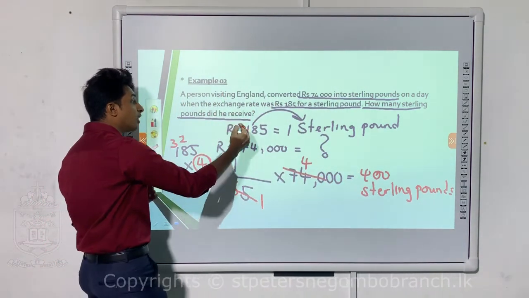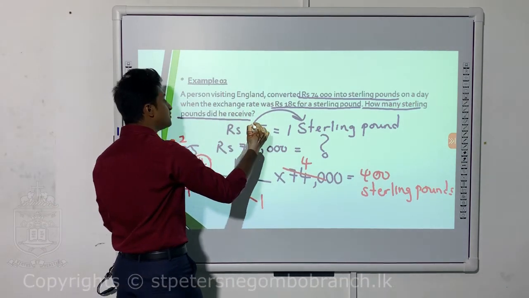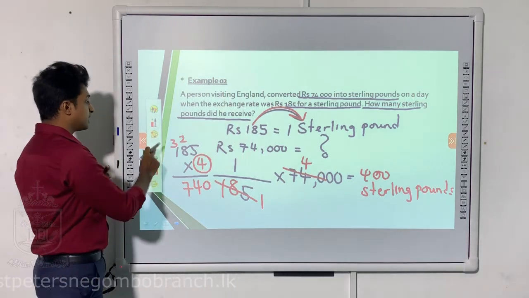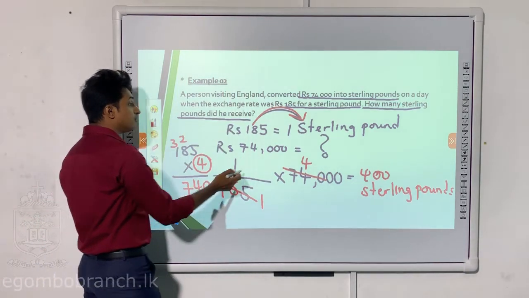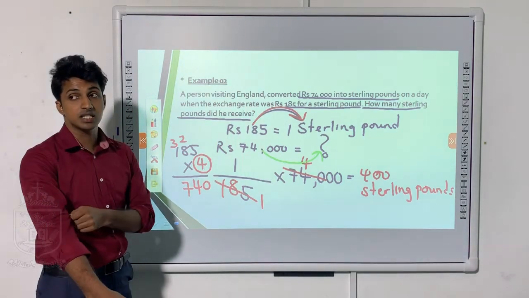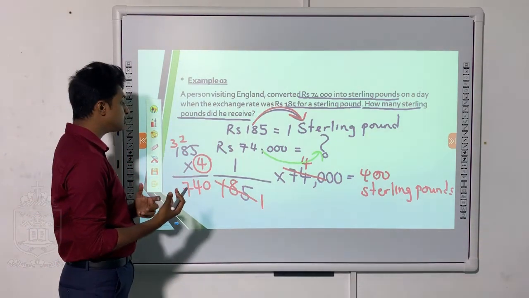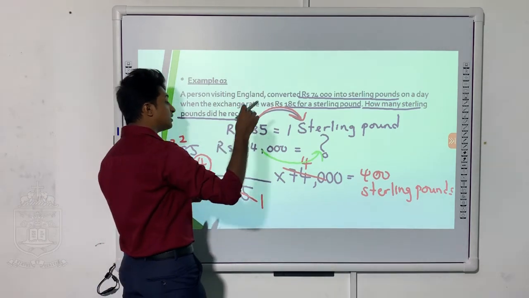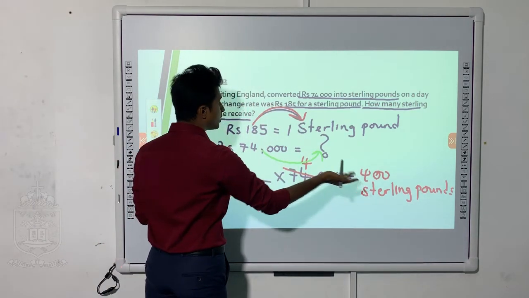How? For 185 Sri Lankan rupees, the value in sterling pounds is 1. Then I need to check for 74,000 rupees, what is the value of it in sterling pounds. If 185 is 1 sterling pound, therefore for 74,000, what is the value?